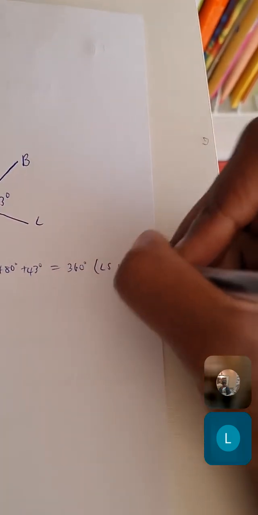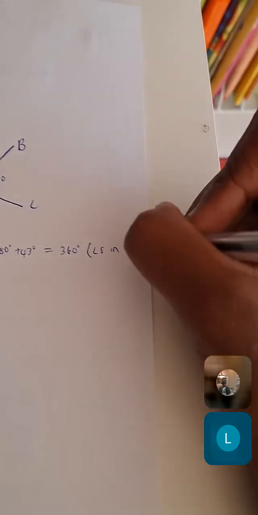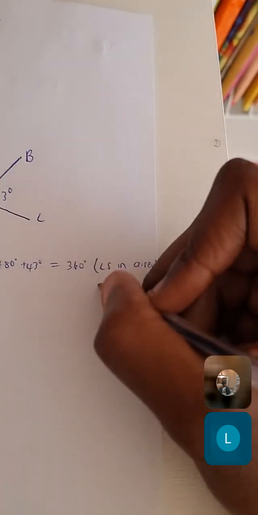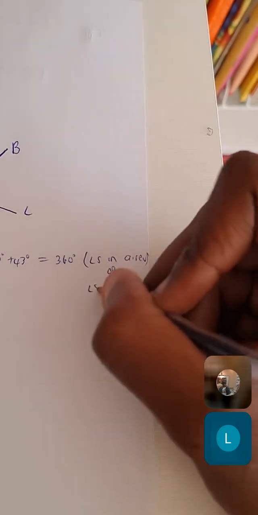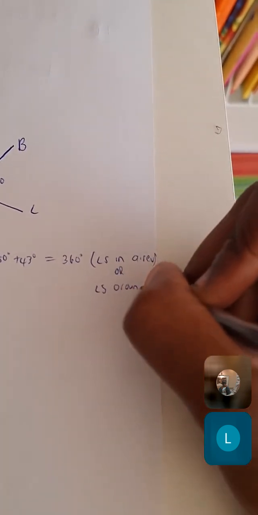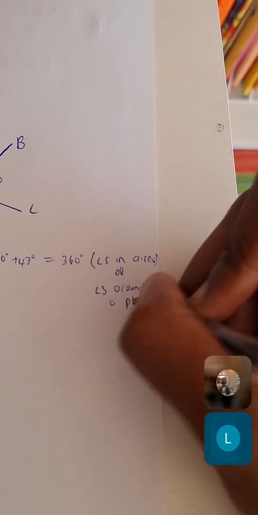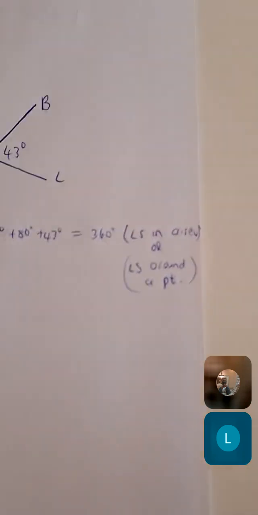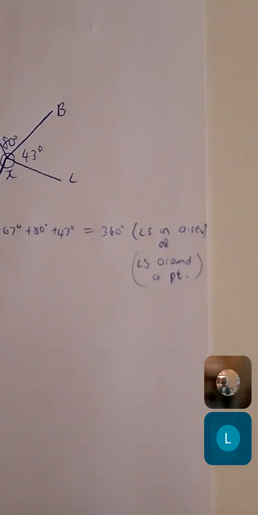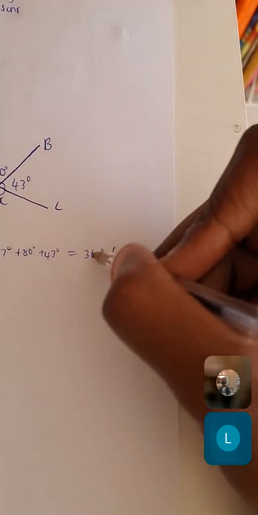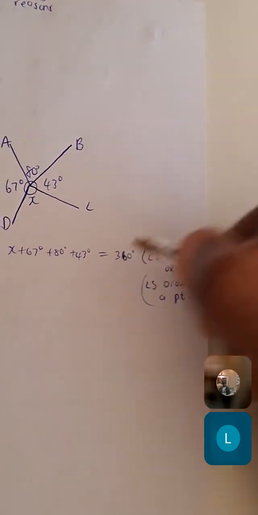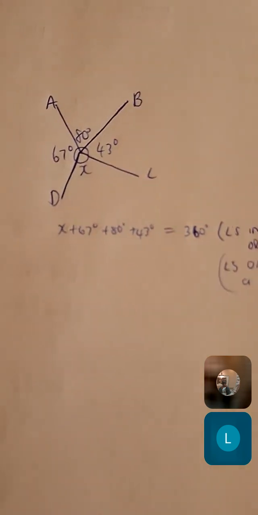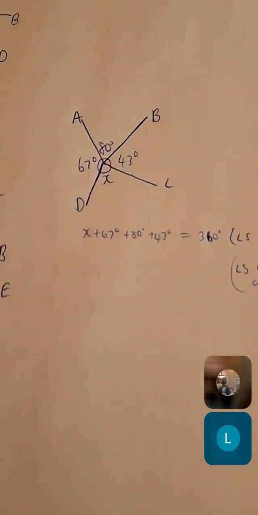You can say angles in a rev, or alternatively, angles around a point, a PT. We want to align ourselves to the acceptable reason document they've provided so that there are no questions asked of us.